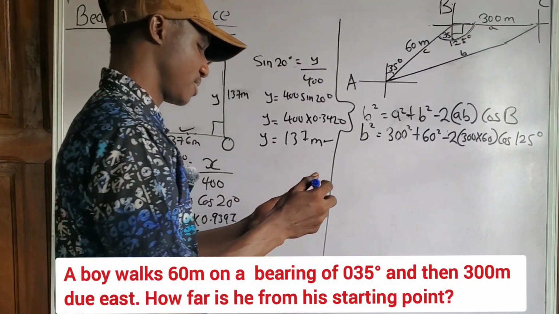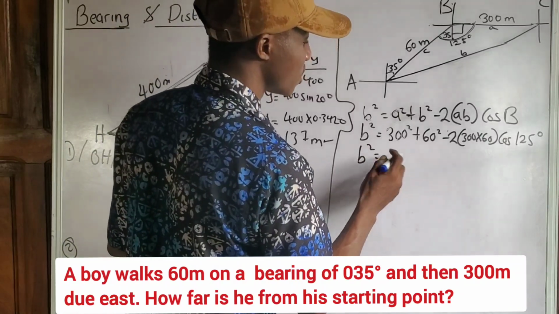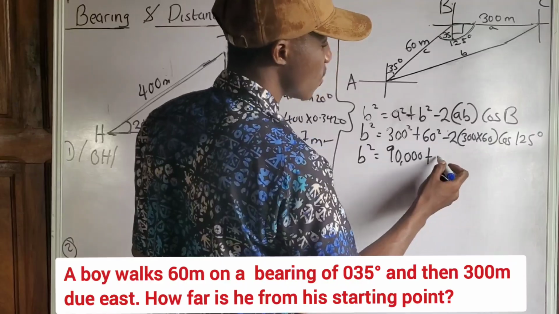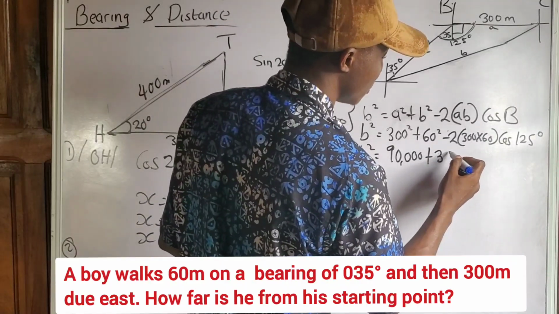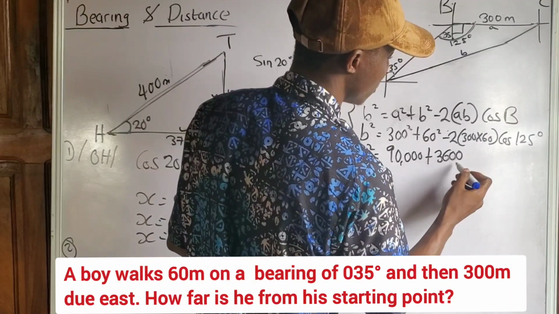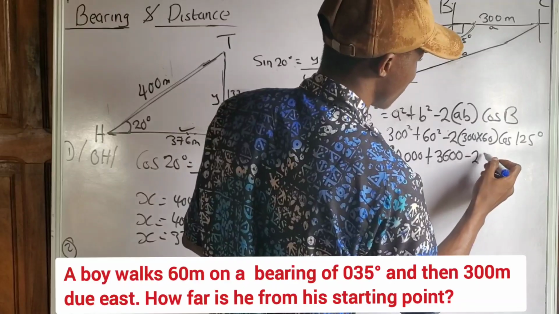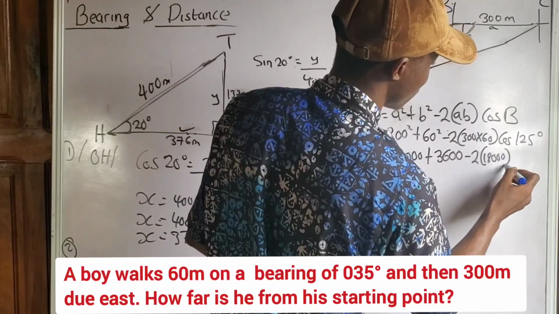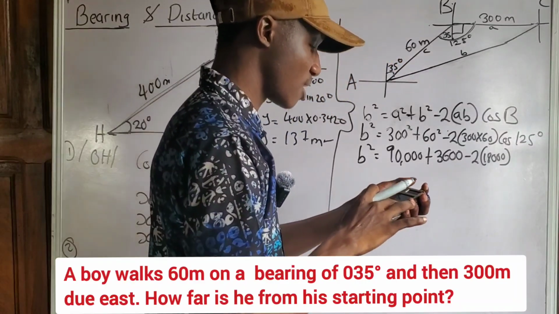Now let's proceed. b squared equals 300 squared, which is 90,000, plus 60 squared, that is 3,600, minus 2 multiplied by 18,000 cos 125.